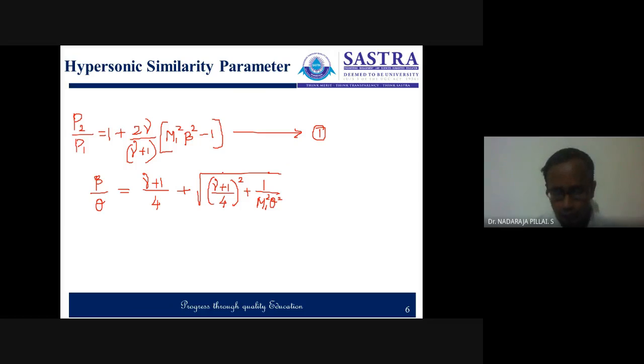So this is beta by theta. Now we want beta square, so I will take this as beta square by theta square.